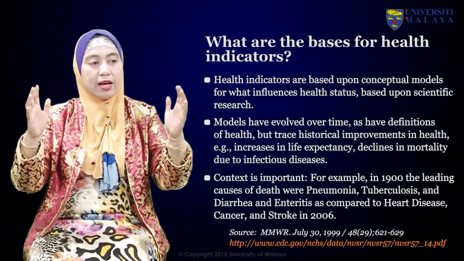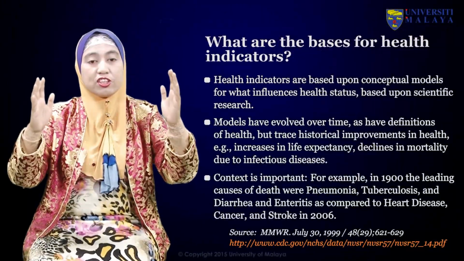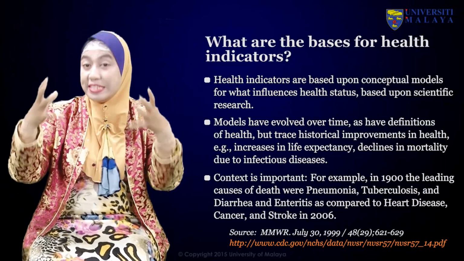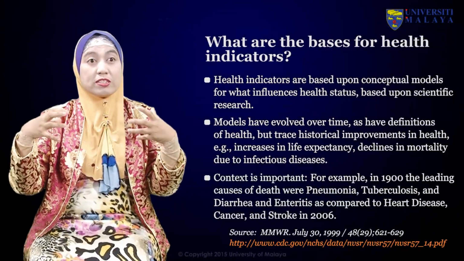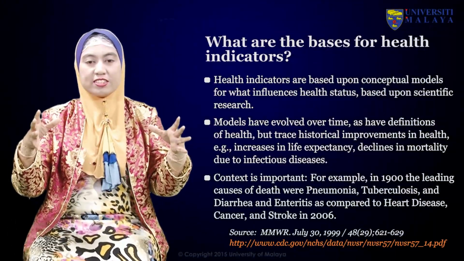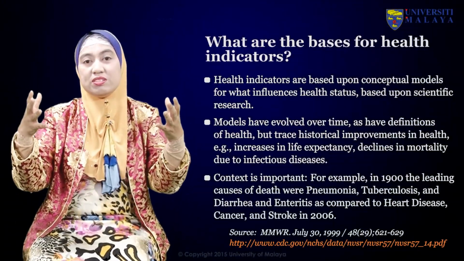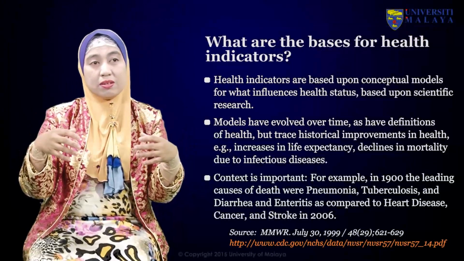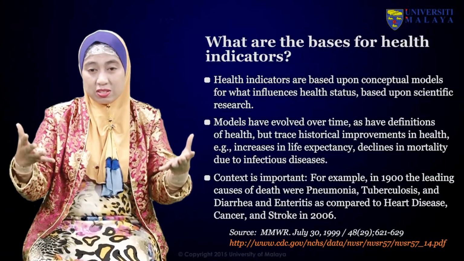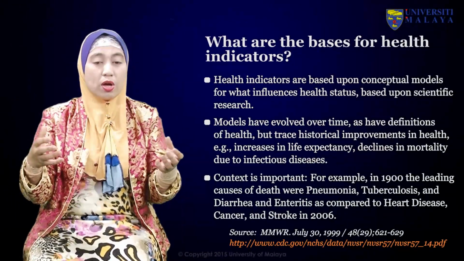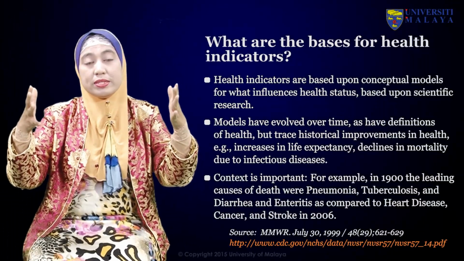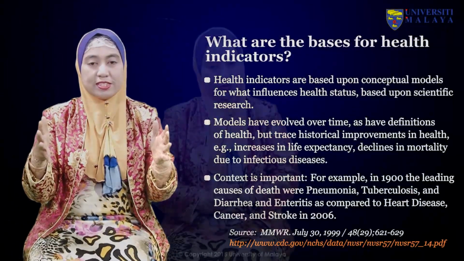Those are health indicators based on time. And the last one is based on disease, or certain tragedies. Let's say a long time ago, in 1910, 1920, we had problems with pneumonia and tuberculosis. So at that time, there were many mortalities secondary to those diseases.